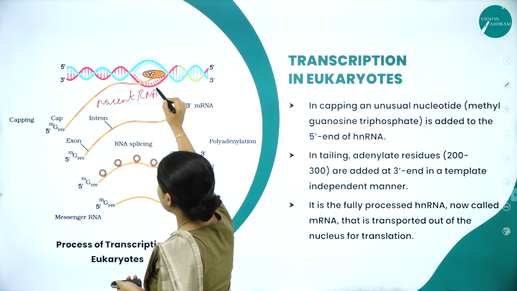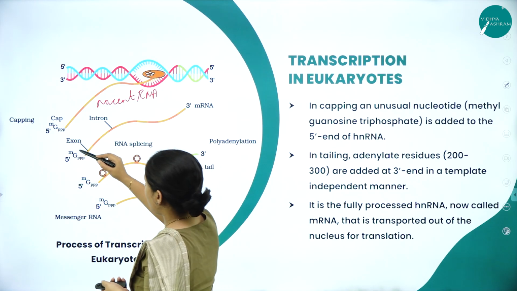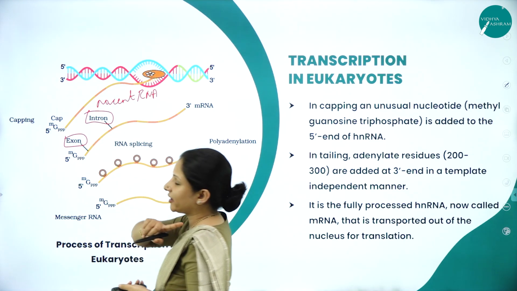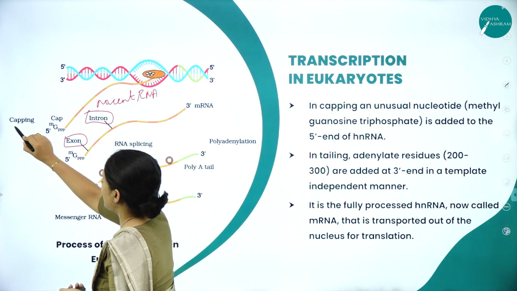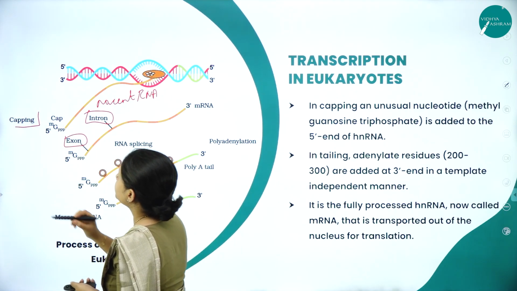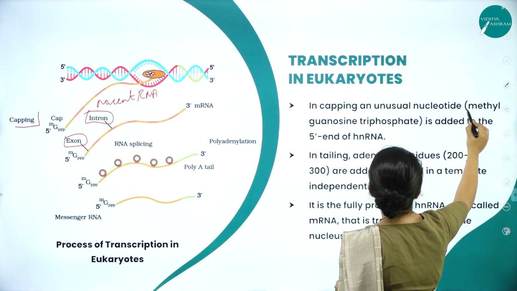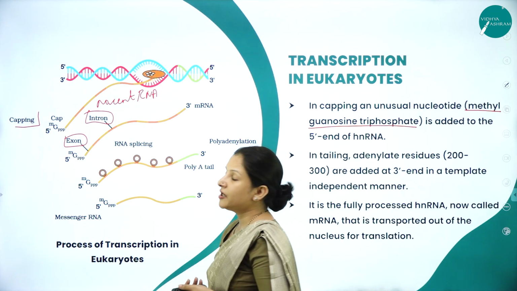Next, extra steps are involved here because this nascent RNA contains exons and introns. The first step in this process is capping. In capping, a methyl guanosine triphosphate is added towards the 5' end.